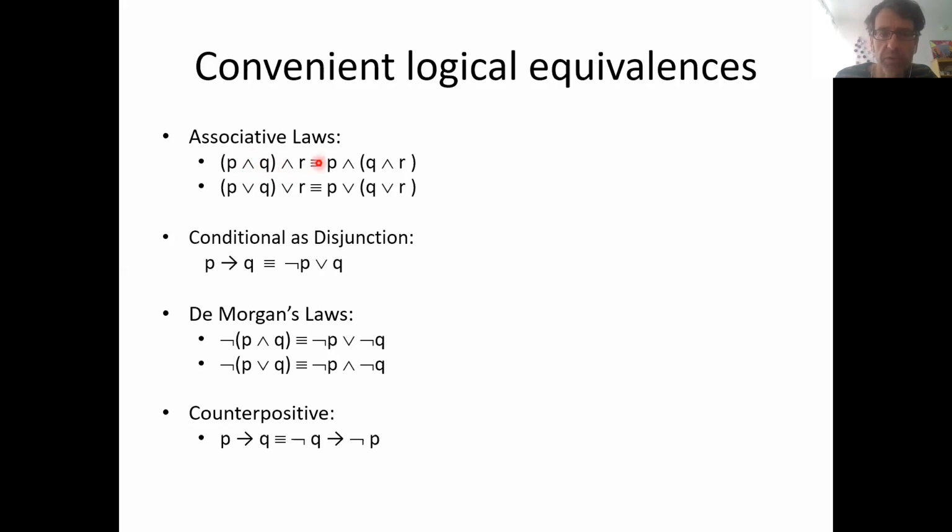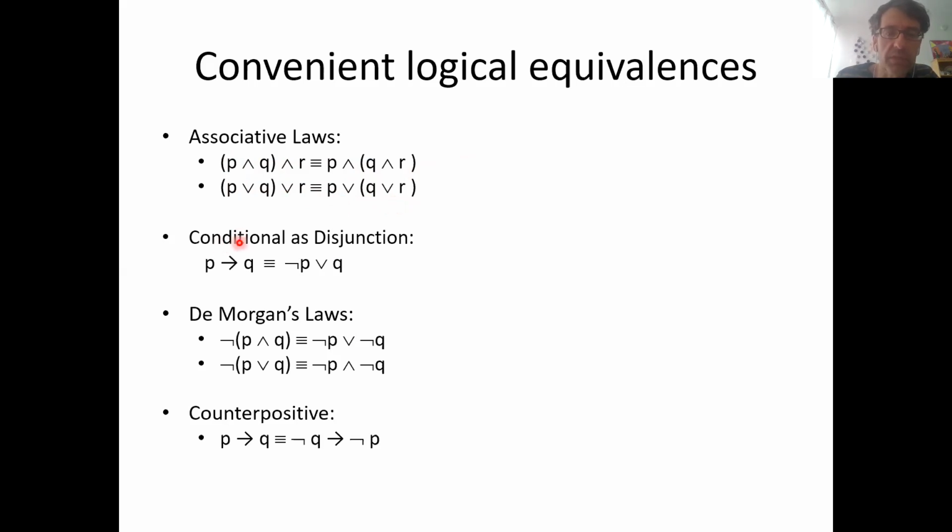So both of these could be rewritten as P and Q and R without brackets. Likewise, disjunction is associative, meaning that you can perform it in any order, right? So P or Q and then disjuncted by R is the same as P disjuncted by the disjunction of Q and R.